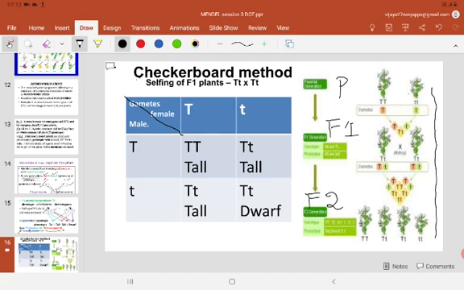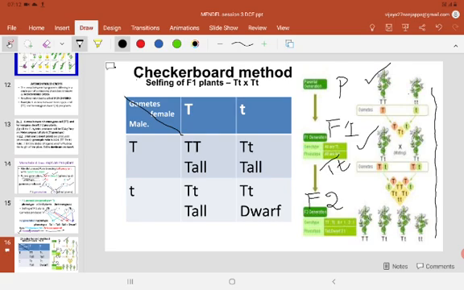That is, this is the parental generation, wherein a tall pea plant is crossed with a dwarf pea plant, resulting in F1, and the F1 are heterozygous for tall, where they have capital T and small t genotype. Then when the selfing among F1 takes place, it results in four different types of plants.